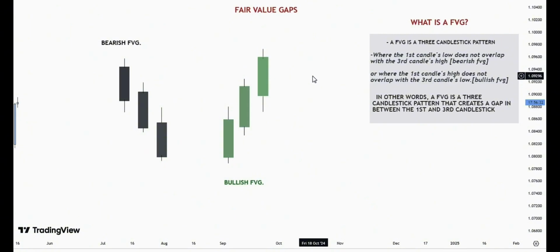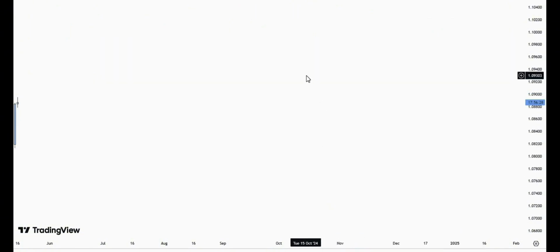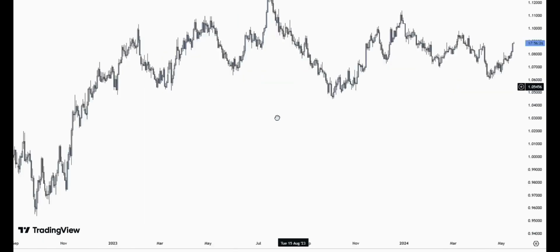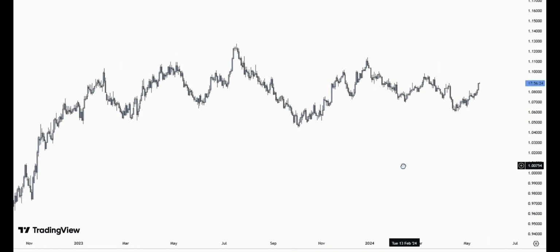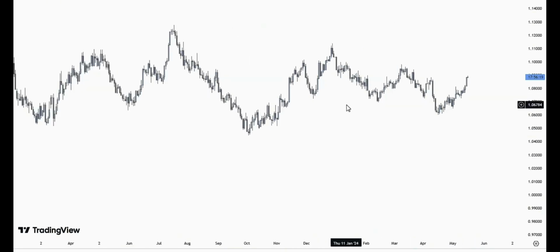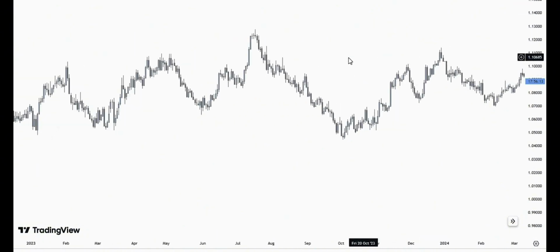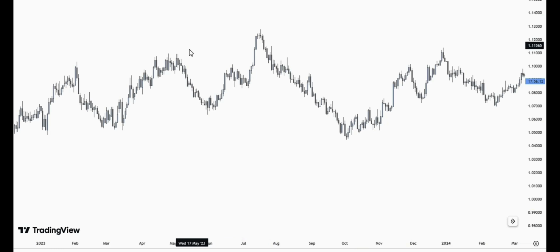So let's open the charts and delete all this. So this is my favorite pair, which is EURUSD, and this is the weekly time frame on EURUSD. Okay, so let's make some price action.